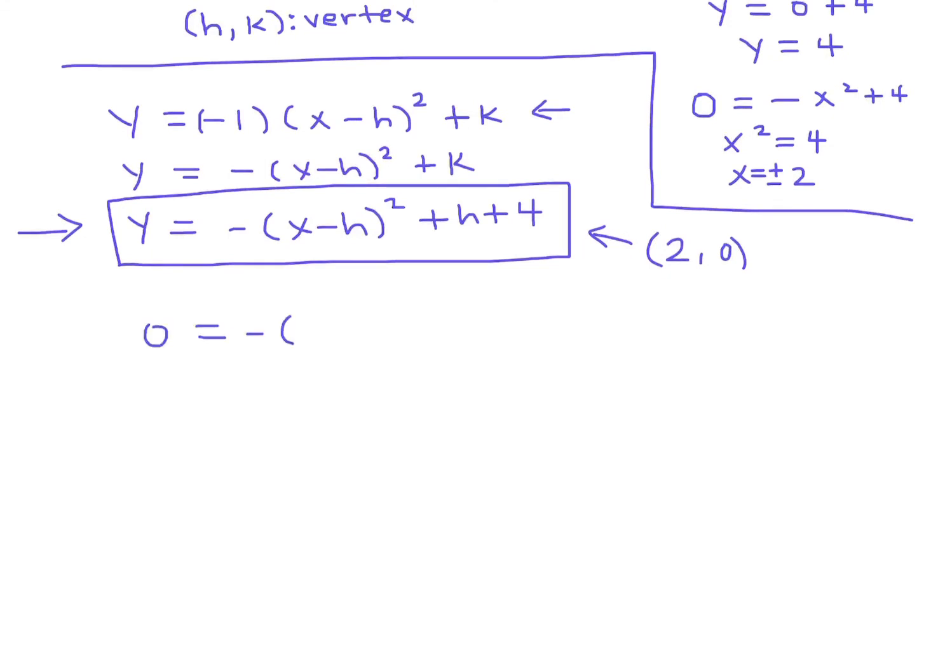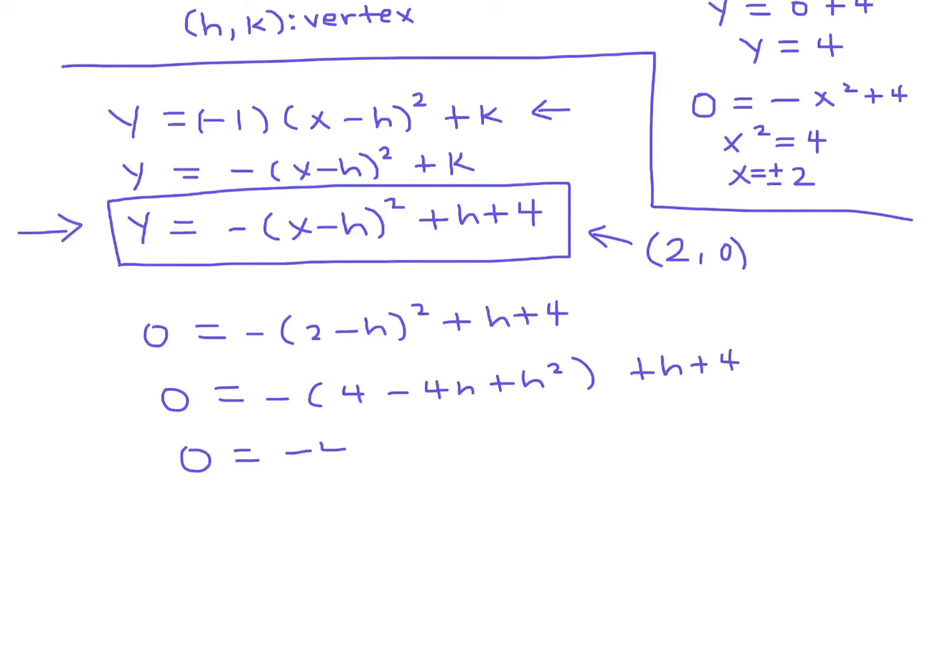We got 0 = -(2 - h)² + h + 4, like this. And this gives us -(4 - 4h + h²) + h + 4.